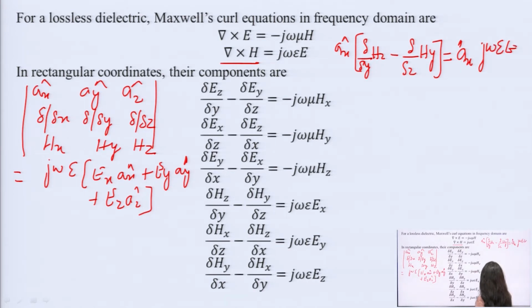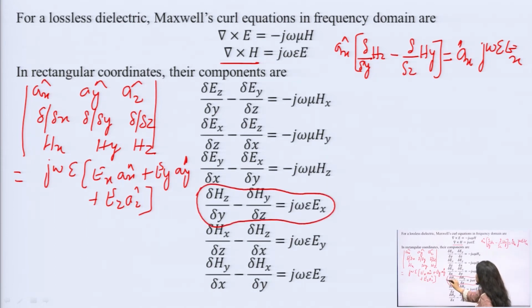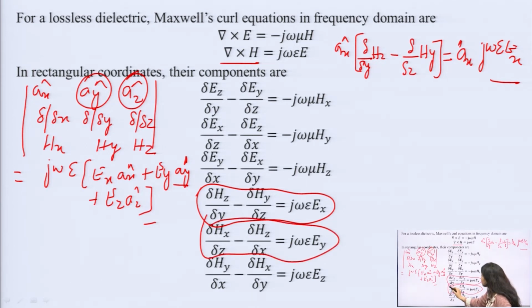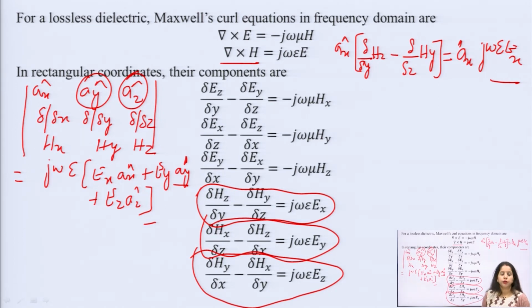If you look at this expression, it is exactly the same: del upon del y Hz minus del upon del z Hy, and on the RHS j omega epsilon Ex. Similarly, you can have the values of Ay and Az and equate them with the Ay cap and Az cap components of the RHS, and you will be able to get these expressions. So, before proceeding forward, you just solve it to check that you are getting this equation or not.